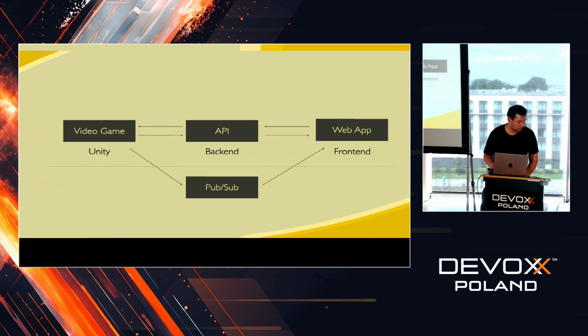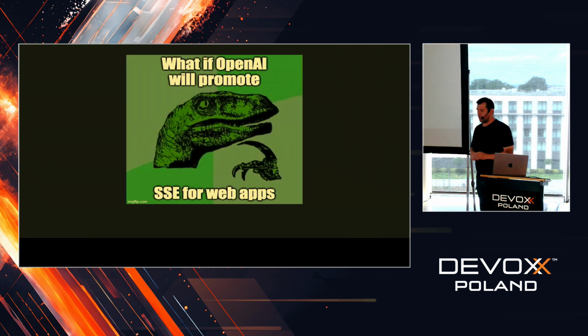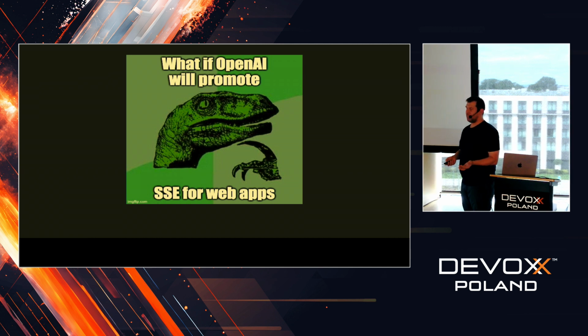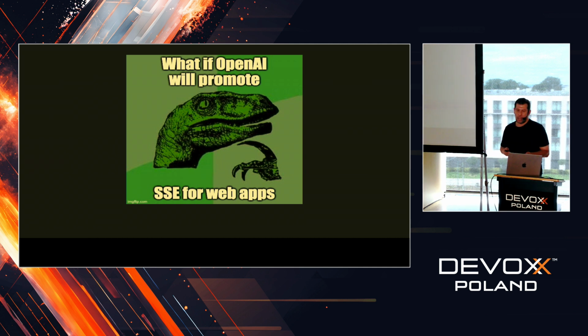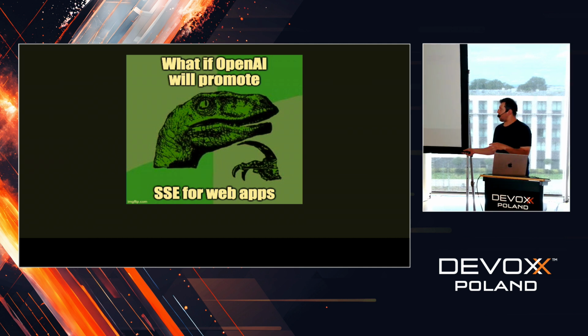And it is only my opinion on the next slide, but let's consider what if OpenAI will promote server-side events for web apps. They started to use server-side events. Server-side events are not something new. They have existed in the browser for a lot of years. But currently on the OpenAI page, you will find a recommendation that server-side events will help you build assistants.